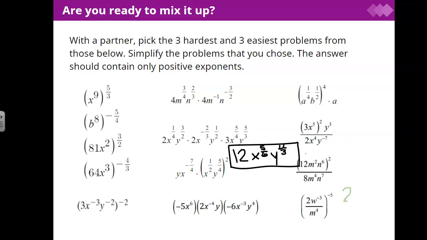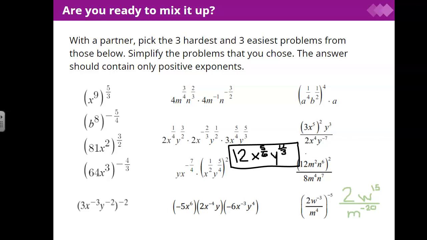Power to a power means that W is going to become a 15. -3 times -5 is positive 15. That M is going to become a -20.